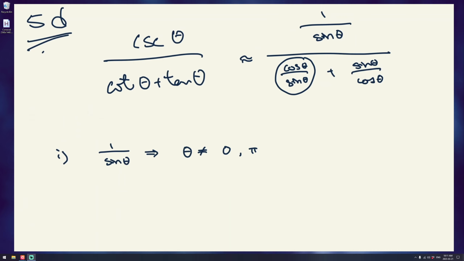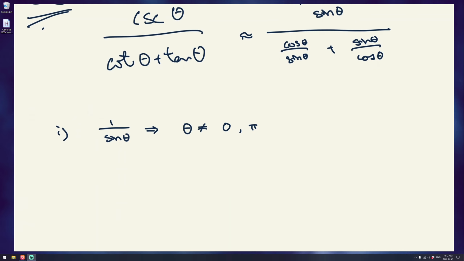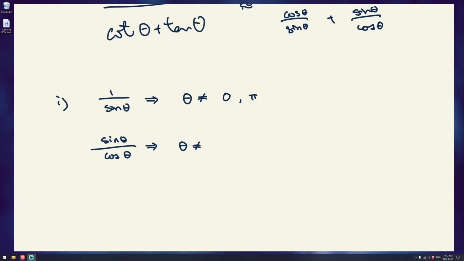Because that's also a division by sine. Sine is in the denominator. If sine of theta is equal to 0, yada yada, same thing, okay? The other one that's new is this. So we have sine of theta over cos of theta. If this cosine of theta is equal to 0, life is not good, right? And you know, we've seen this question already, so I'll move ahead. We cannot let theta equal pi over 2, nor can we let it equal 3 pi over 2, okay?